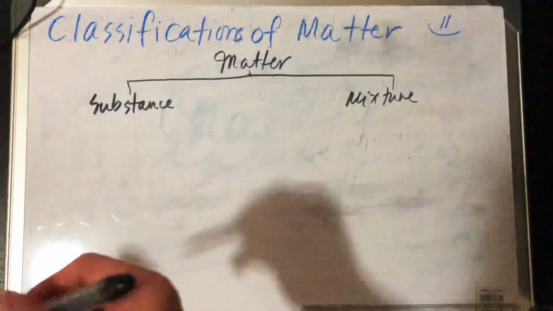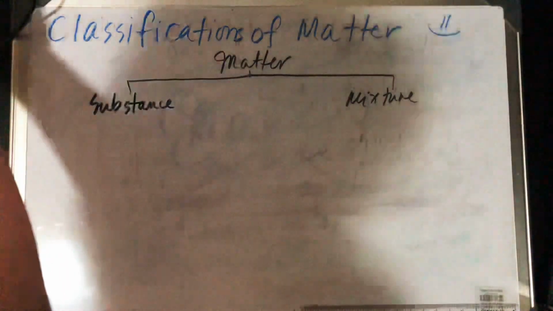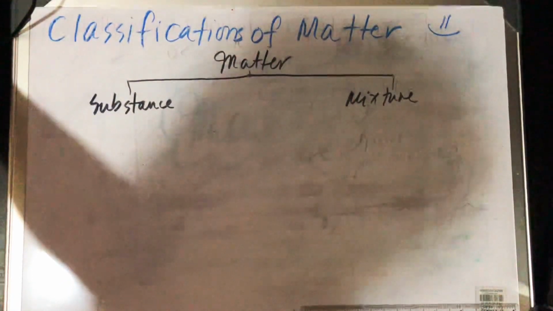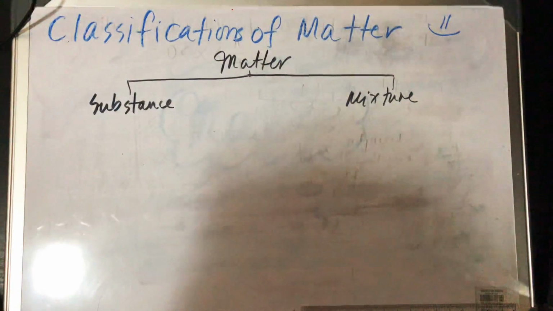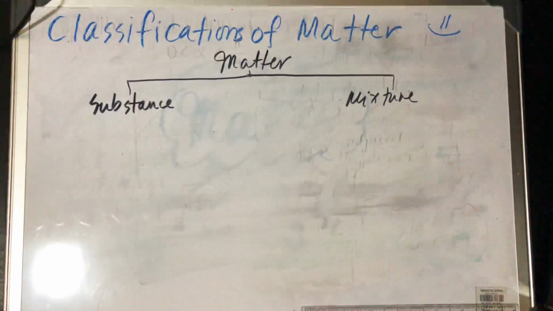Now when we say substance, it is a form of matter that has a definite composition and distinct properties.